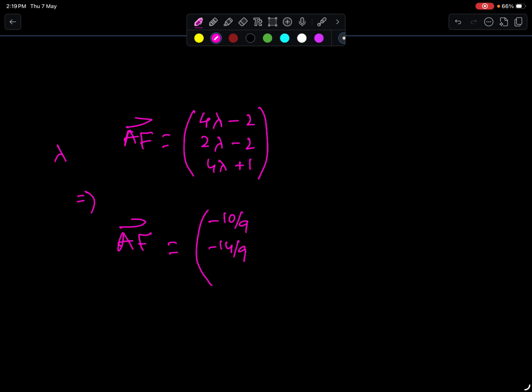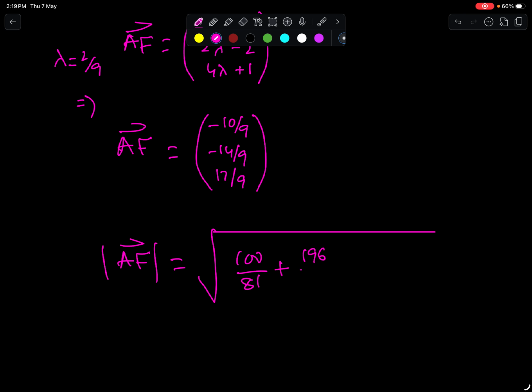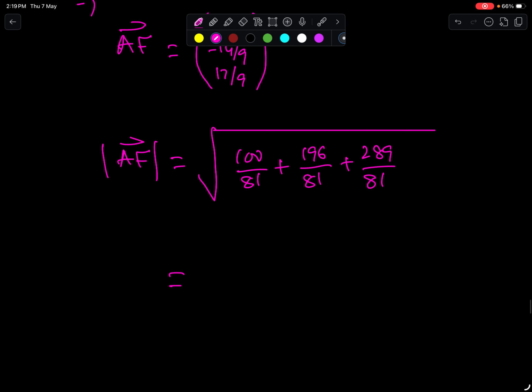Basically I'm substituting lambda 2 upon 9 and 17 upon 9. Now take its magnitude. So 100 upon 81, 196 upon 81, 289 upon 81. This will give you this result: 1 upon 3 under root 65. And this is what we had to show.